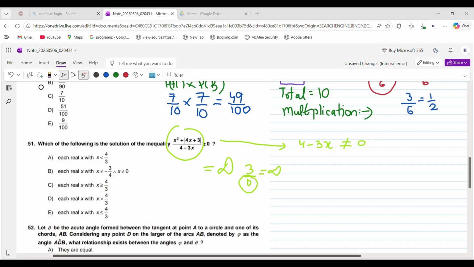So if 0 comes in the denominator, your answer would be infinity. So you don't have to make this denominator term equal to 0. So 4 minus 3x would never be equal to 0.